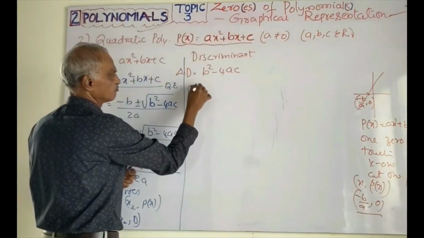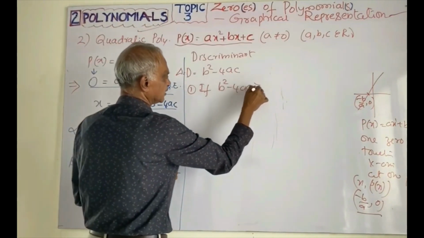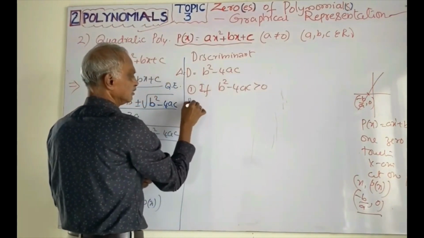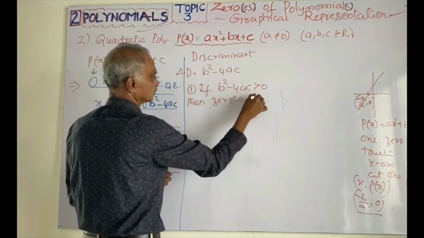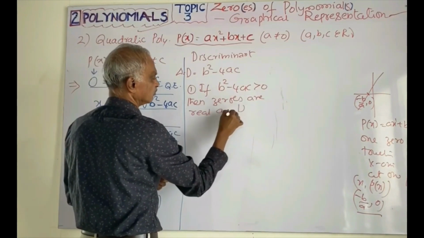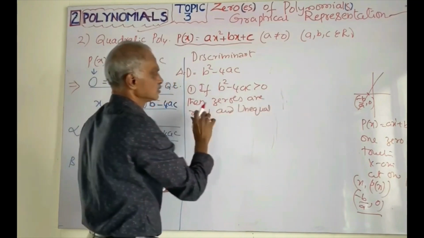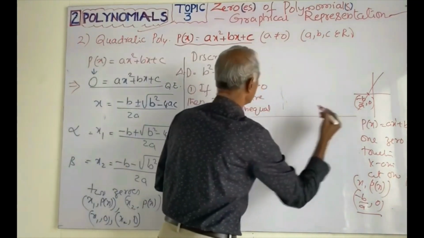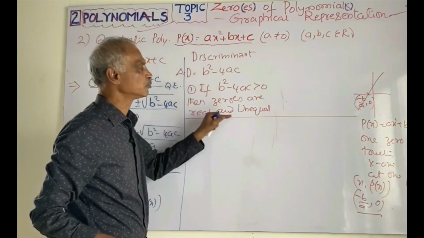Number 1, if b square minus 4ac is greater than 0, then zeros are real and unequal, because the graph of this polynomial will touch the x-axis at 2 points.